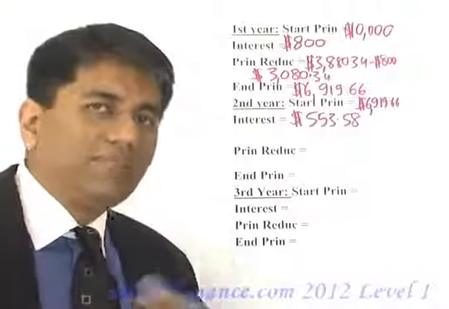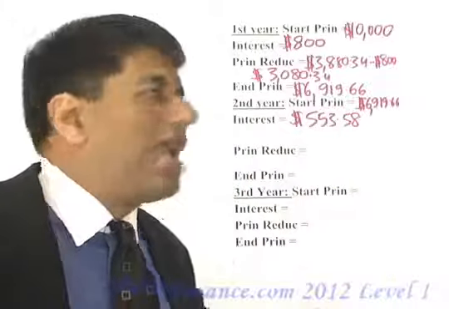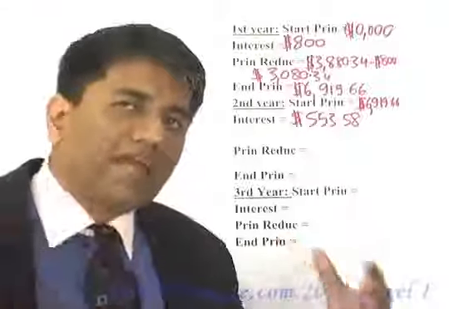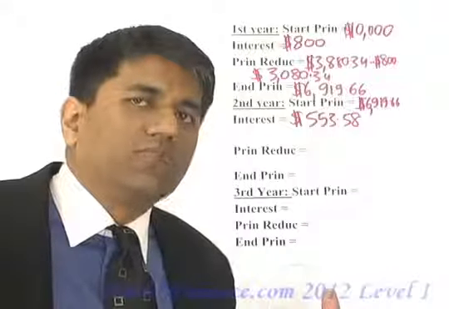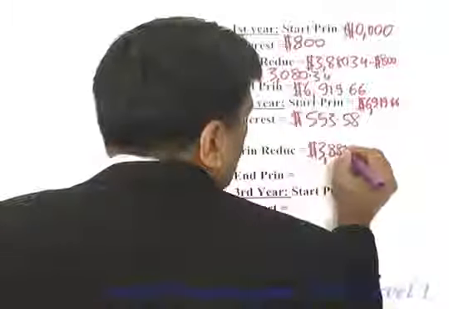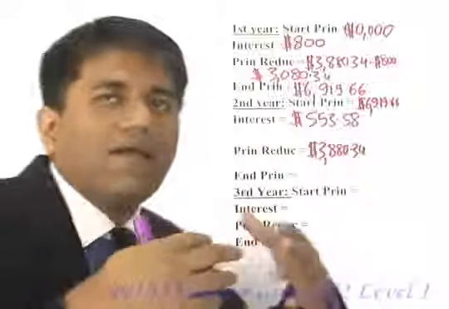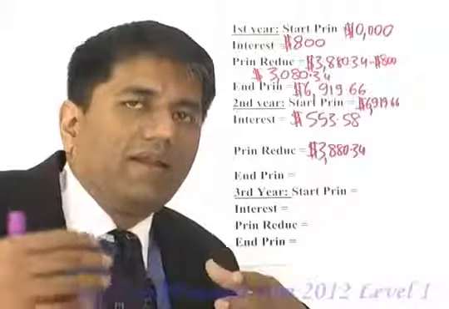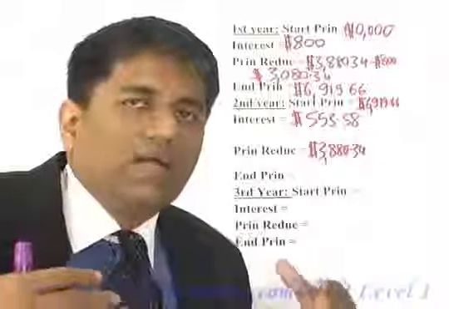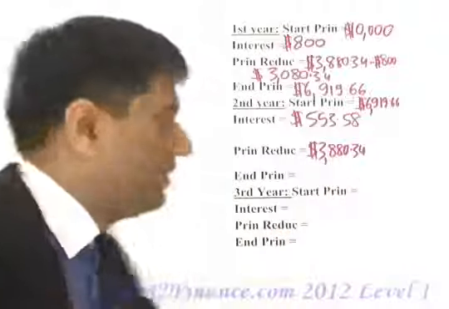So again, the principal reduction you will find by seeing what the total payment was, and from that subtracting the amount of interest which was due. So the total payment was 3,880.34. Remember, this is a kind of annuity kind of repayment where the borrower is repaying a fixed constant amount every period for 3 periods.